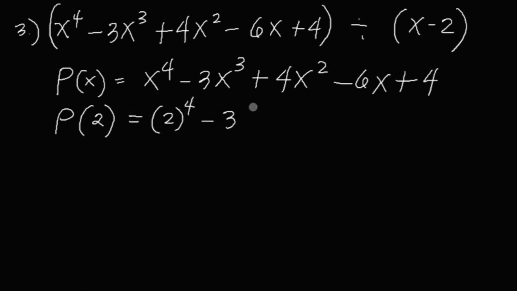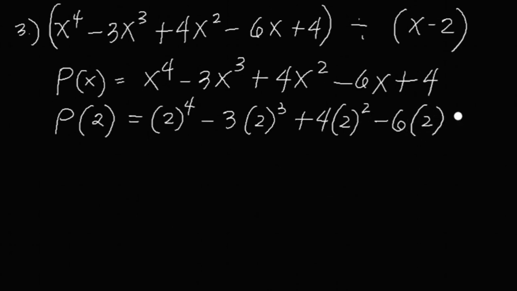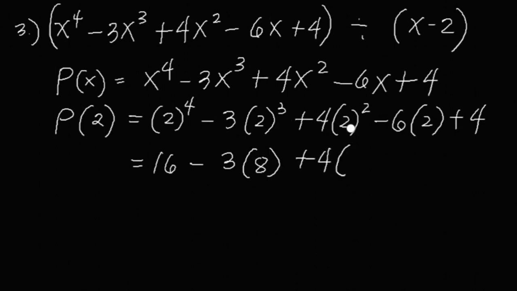So we have here 3 times 2, then raised to 3, plus 4 times 2 raised to 2, minus 6 times 2 plus 4. Now 2 raised to 4, that's 16, minus 3 times 2 raised to 3 is 8, plus 4 times 2 raised to 2 is 4, minus 6 times 2 is 12, plus 4.